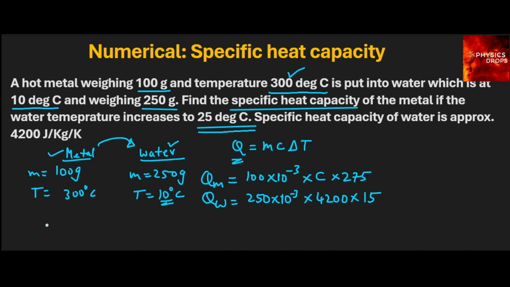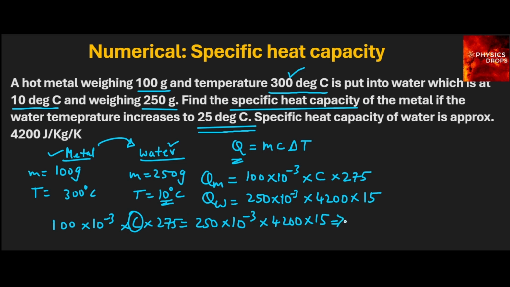Let's equate both. 100 times 10 power minus 3 times C times 275 is equal to 250 times 10 power minus 3 times 4200 times 15. Now from this, if we isolate C and calculate, we will get C to be approximately 572.7 joule per kg per Kelvin. Now this is going to be the specific heat capacity of the metal.